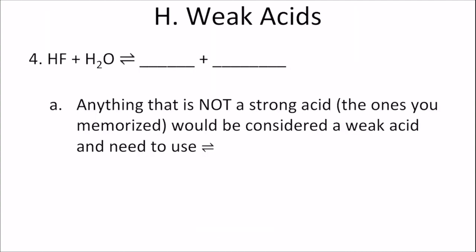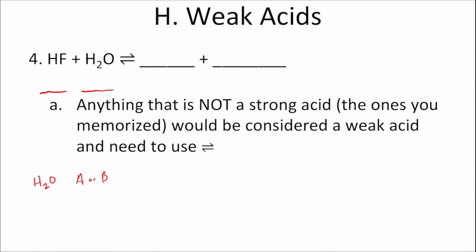So, weak acids. Let's take a look at this. How do we know which of these is the acid and which of these is the base? So a couple context clues. First of all, H2O. It can be an acid or a base. So you can't start with that one. You have to look at the other thing, all right?